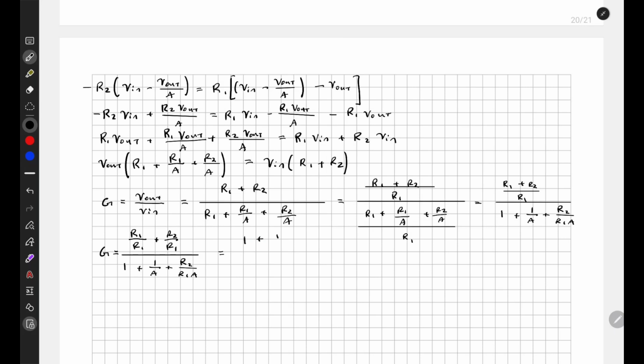So then it becomes 1 plus r2 divided by r1 divided by 1 plus, and then factor out the 1 divided by a. So then it becomes 1 plus r2 over r1.